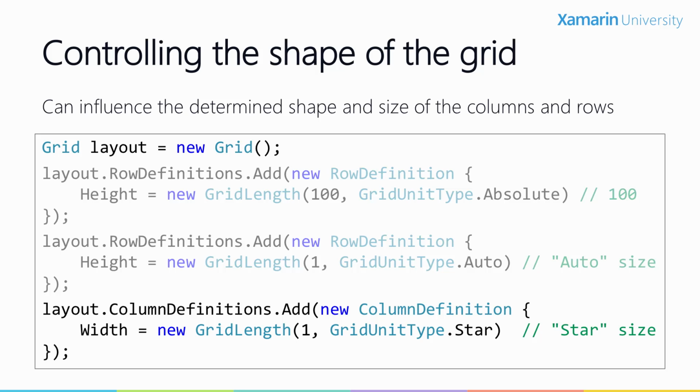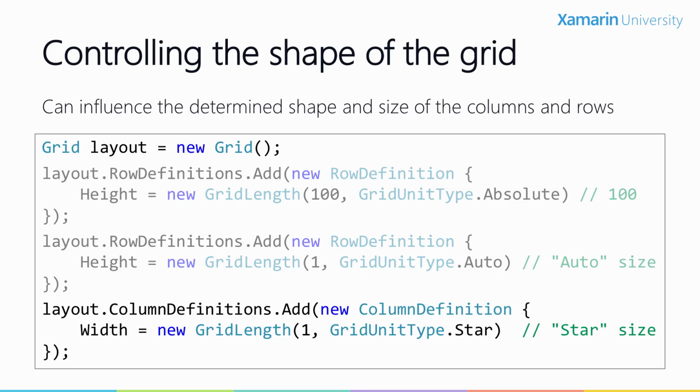So to give you an example, if we had two star-sized columns, both with a 1 as the multiplier, then the available space for the grid would be divided equally between them. 50% for the first column or row and 50% for the other.